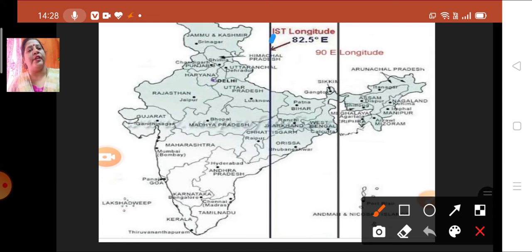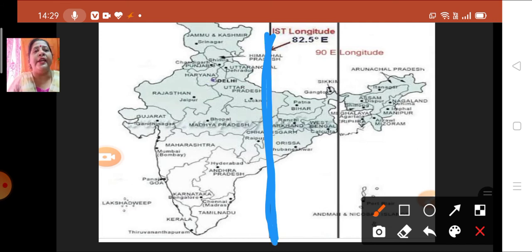This meridian which is passing from here, from Uttar Pradesh, which is at 82.5 degree east. From this meridian we can determine Indian Standard Time, that is IST. Which meridian determines Indian Standard Time?